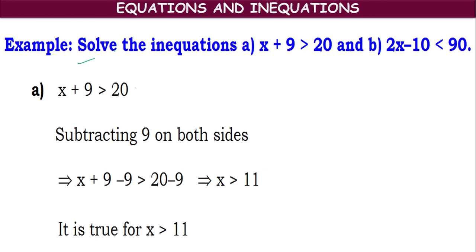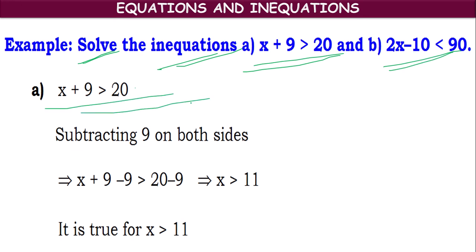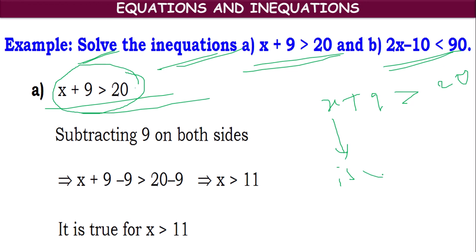Next one, solve the inequations x plus 9 greater than 20 or 2x minus 9 less than 20. So x plus 9 greater than 20. Same number we can subtract on both sides, because for finding x we want to isolate x.